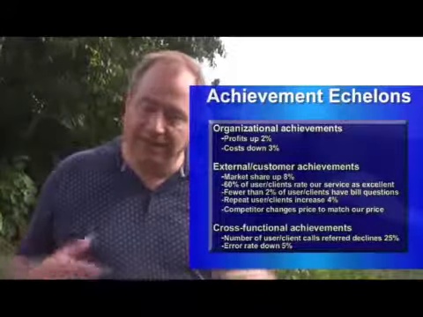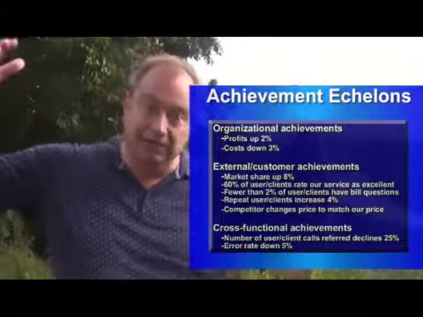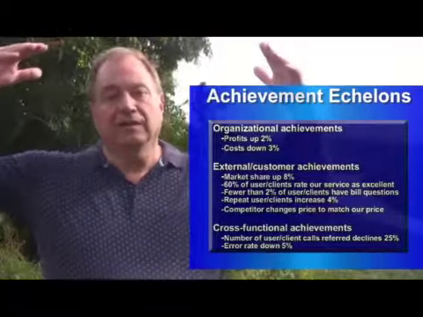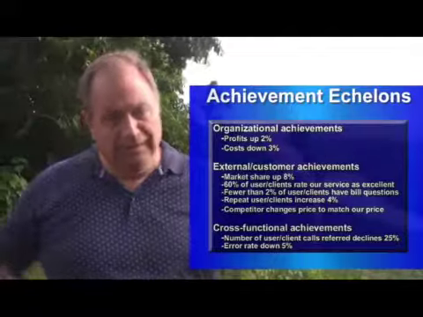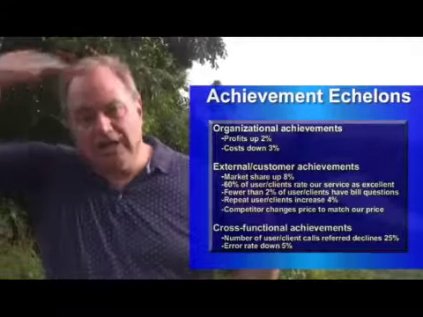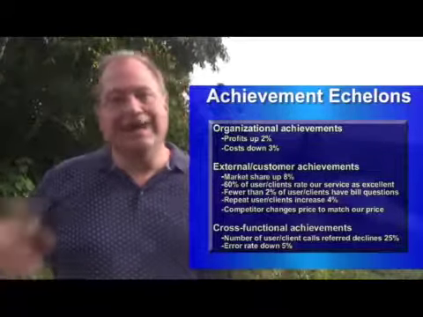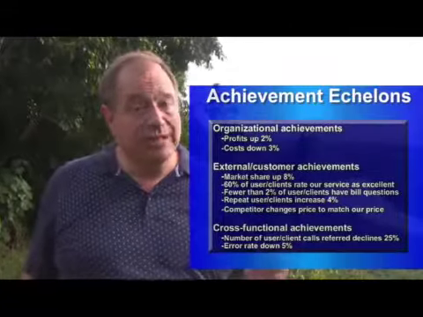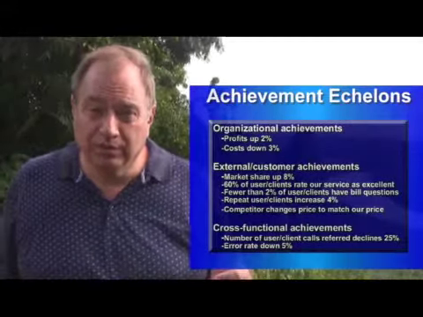Okay, we have a number of achievement echelons, and the biggest one, the highest one if you will, the one people crow about, is the external or customer echelon. That's the highest level of achievement because we measure it in the outside world.